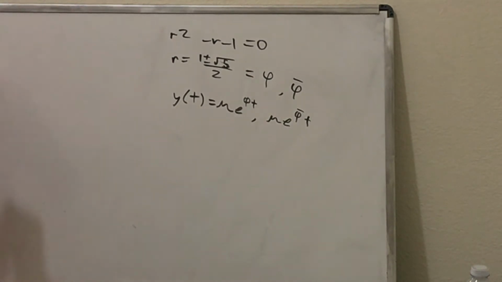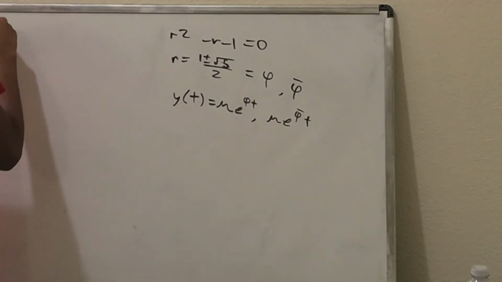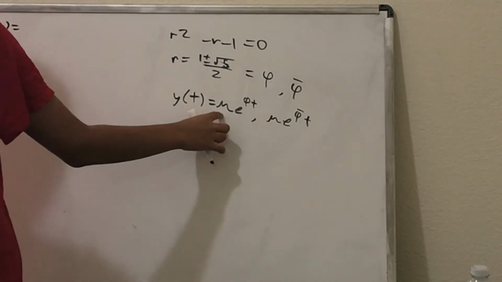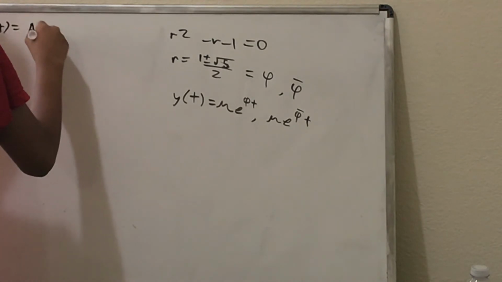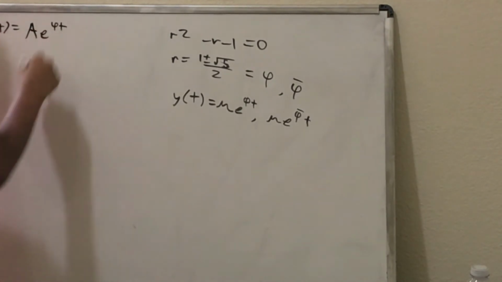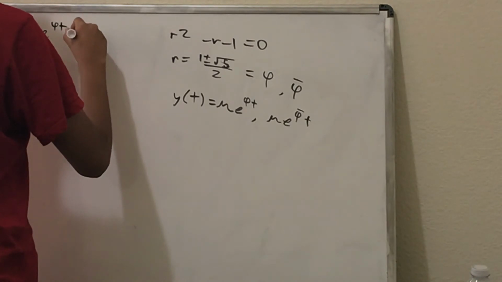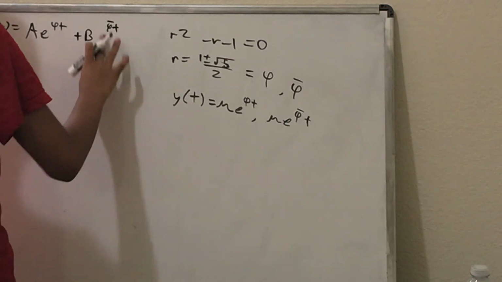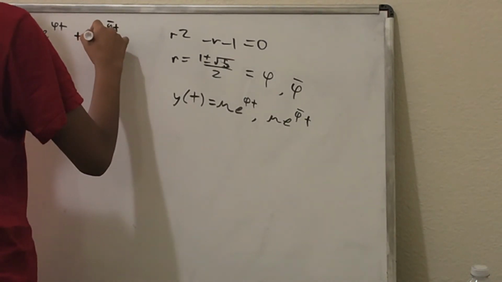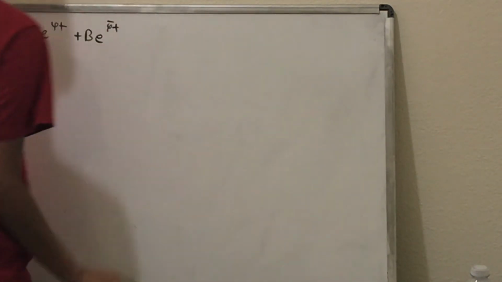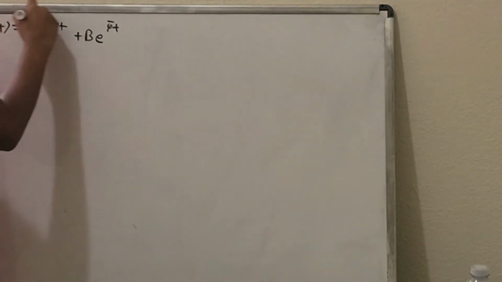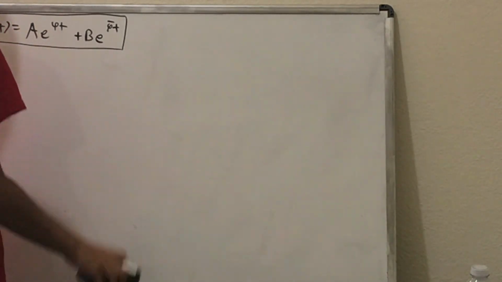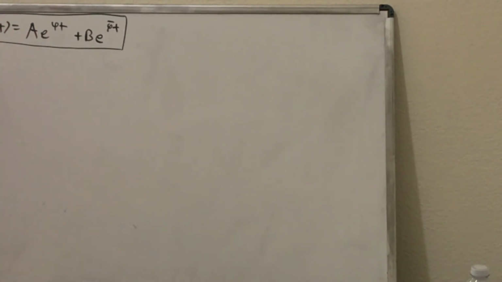So what we can do is set y of t to be a e^(phi t) plus b e^(phi bar t), where I'm going to rename the first mu to be a and the second to be b. And then bam, we have our solution to our differential equation, our general solution right here. And indeed, when you plug this in, you'll see that it works.